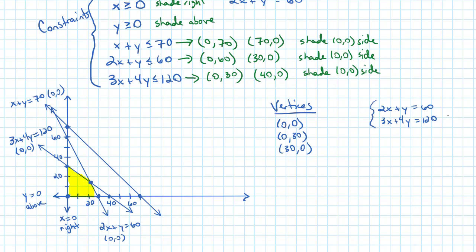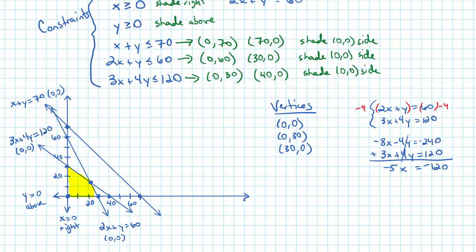So what I'll do is I'll multiply the first equation on both sides by -4, because that's going to give me a -4y, which will cancel with my positive 4y. So I get -8x minus 4y equals -240, and 3x plus 4y equals 120 doesn't change, and I'll add those together. So the y's cancel, leaving -5x equals -120.